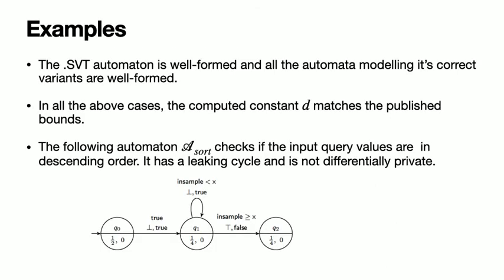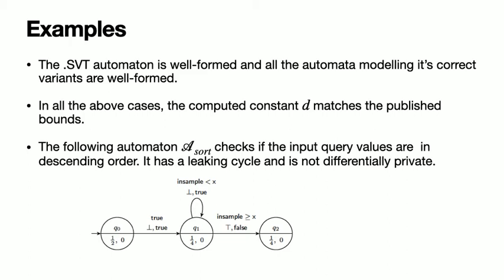Now, the SVT automaton that is given in the beginning is well-formed and therefore is differentially private. And the SVT automata that you get for many correct versions of SVT algorithms are also well-formed. In all the above cases, the constant d computed by our algorithm matches the published bounds.